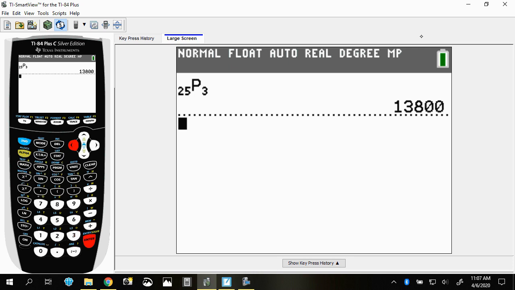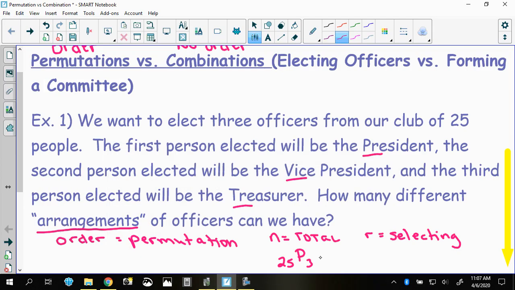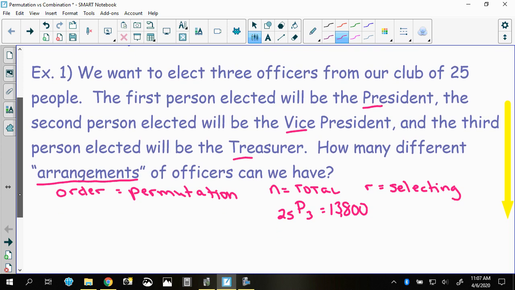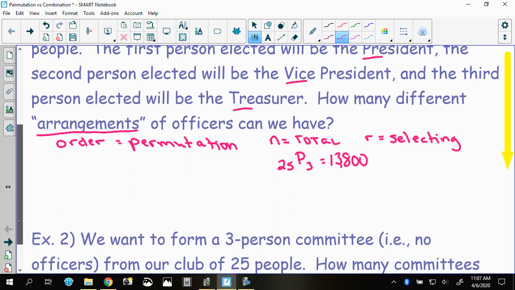So 13,800. So that would be our total number of ways to arrange a vice president, a president, and a treasurer from a group of 25 people.